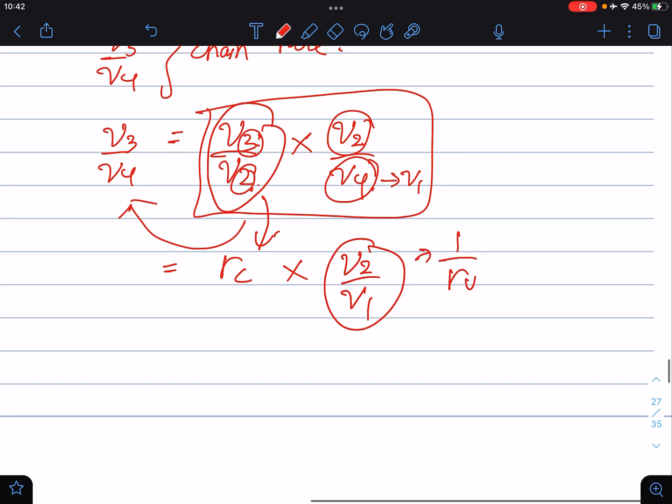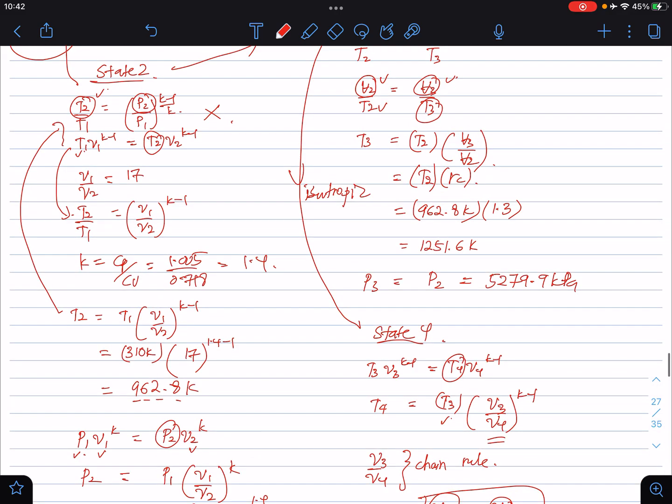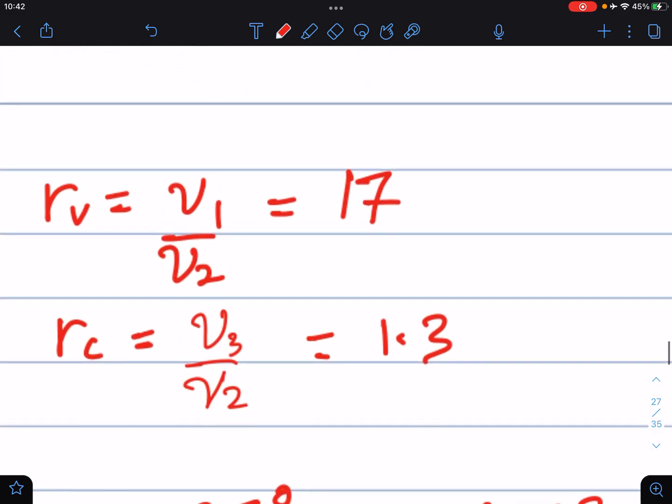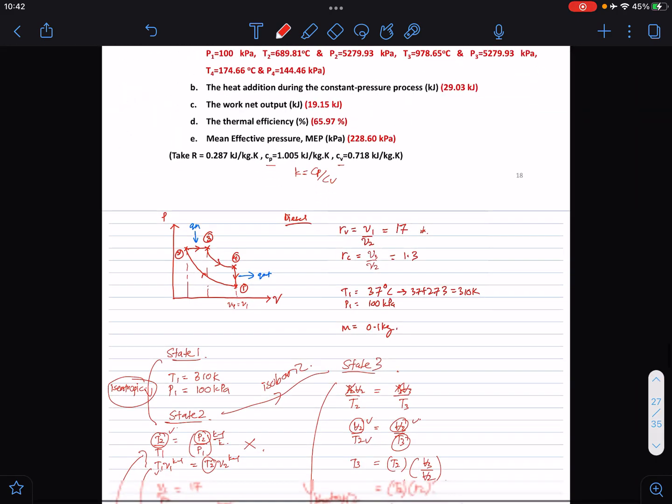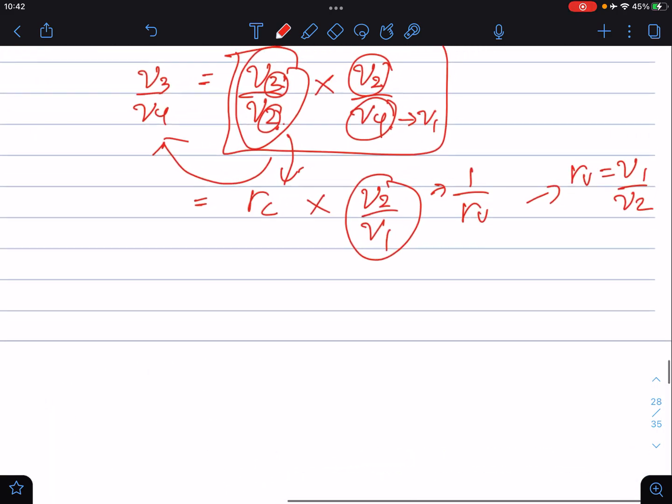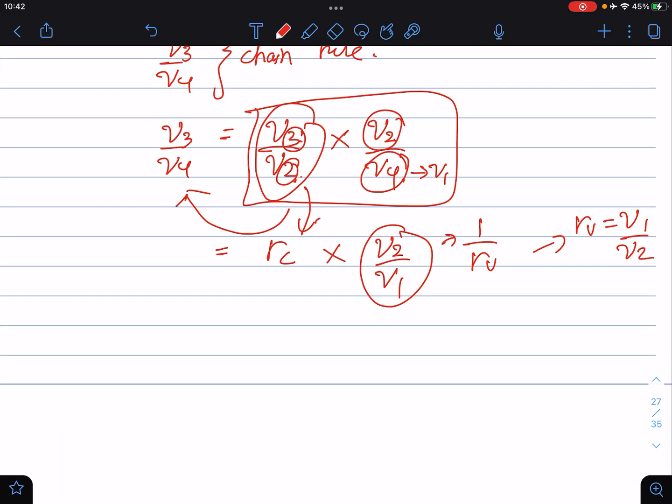Recall that your compression ratio RV equals V1 over V2. You can look back above here. This is just a mathematical expression to relate RC and RV.